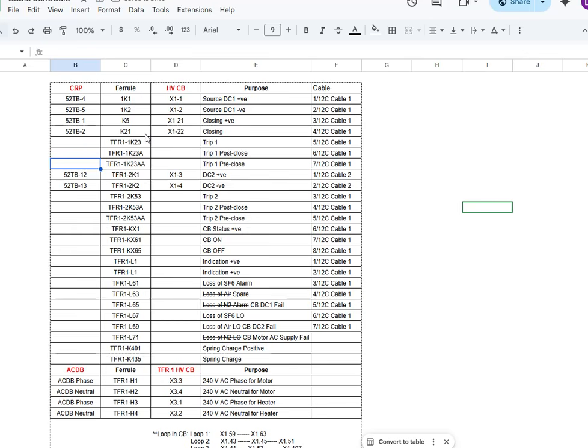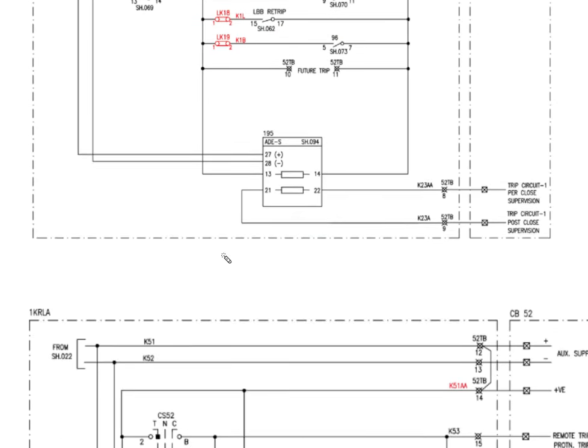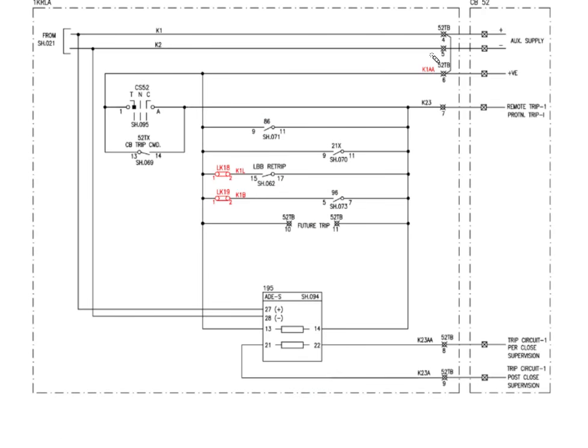Now we'll go with the trip circuit 1. Alright, this is the relay panel drawing of the trip circuit 1. For tripping it is K23 through the TNC switch or the master trip relay, the pulse goes to the trip circuit 1 of the circuit breaker.